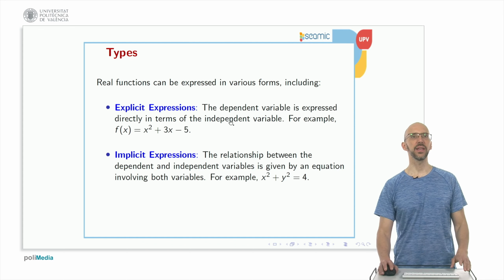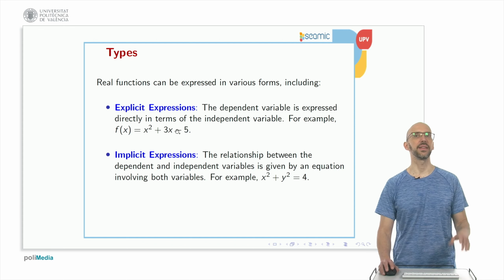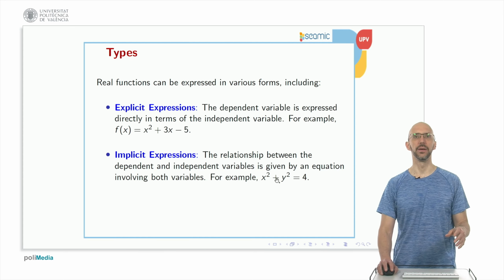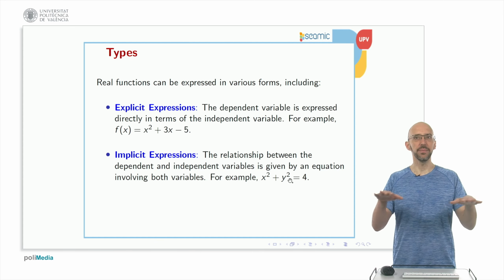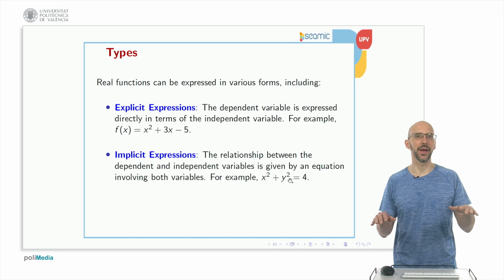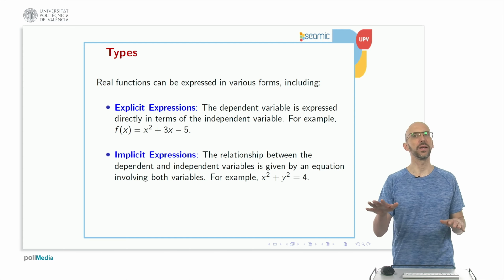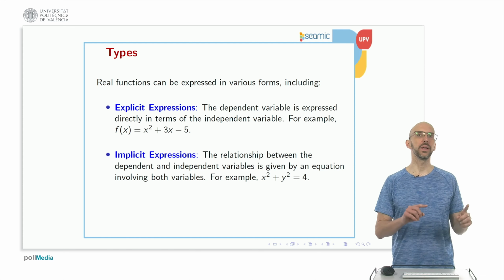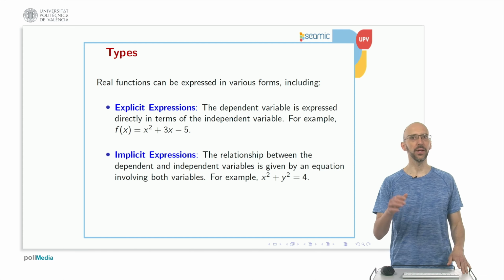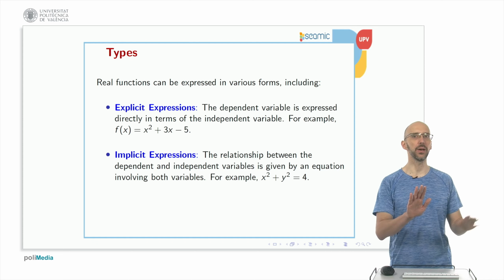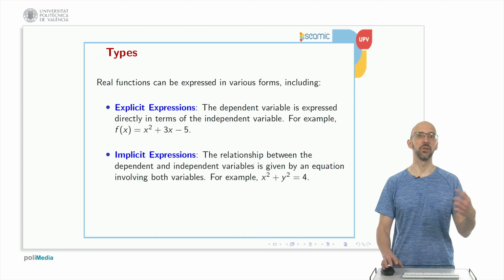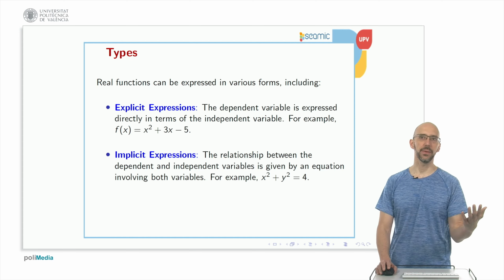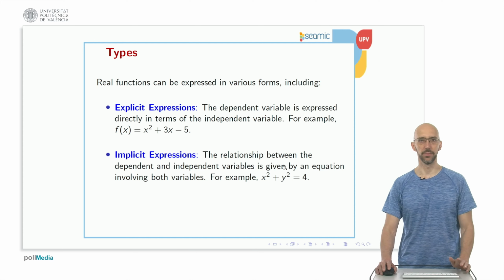In the first case, I can see that x is the independent variable. It's the one I'm going to choose the value for. But in the second one, x and y don't have the same level. I cannot say that x is the independent variable or y is the dependent variable. This depends on which one I'm going to solve for. If I solve for y, then y will be the dependent variable and x the independent variable. If I solve for x, the other way around. X is going to be the dependent variable and y the independent variable.